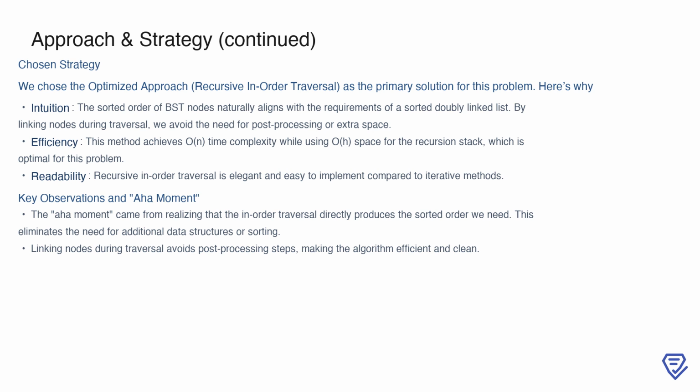Additionally, the recursive implementation is clean and easy to follow, making it highly readable. The key insight that led to this approach was recognizing that the in-order traversal directly produces the sorted order needed for the doubly linked list. By linking nodes during traversal, we eliminated the need for additional data structures or post-processing, resulting in a solution that is both efficient and elegant.